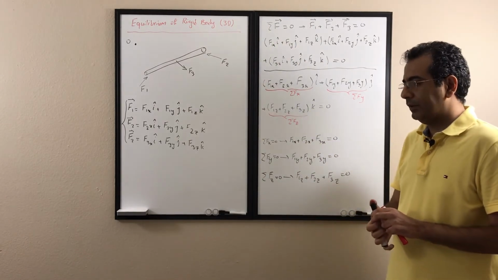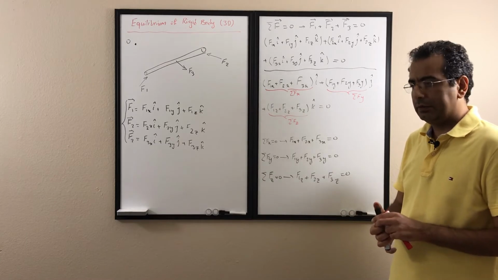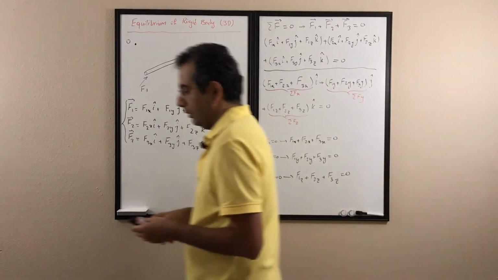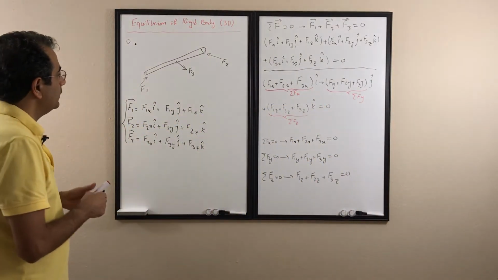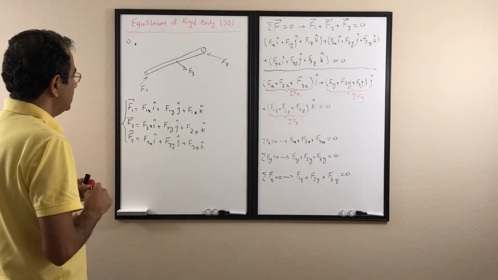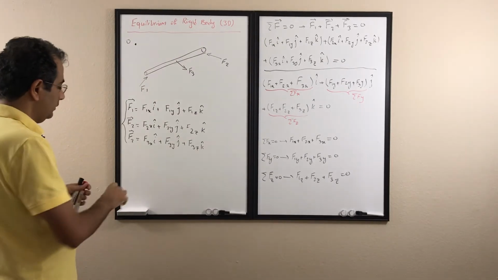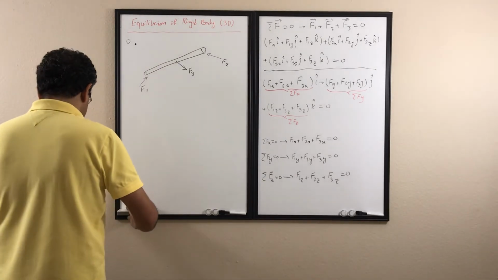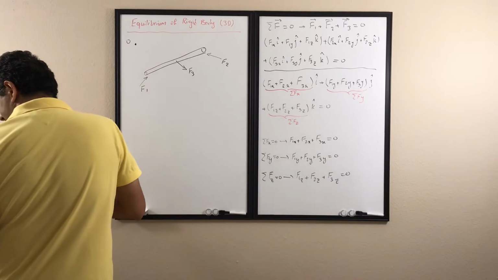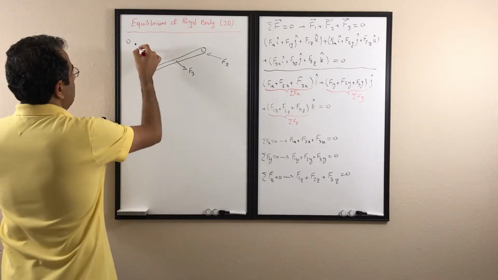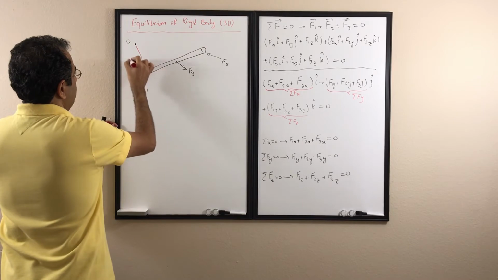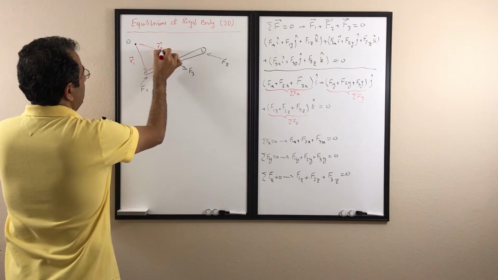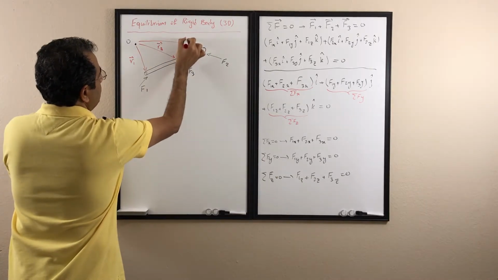The second set of equations we are going to get, depending on whether we need it or not, is the equations from the moment. So the first one was sigma F is equal to 0. The second one is sigma M is 0. So I'm going to write M1, M2, and M3. This is going to be R1, R3, this is going to be R2.